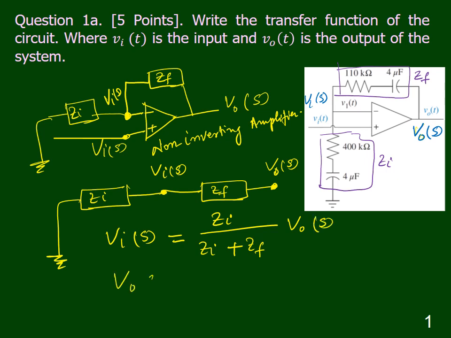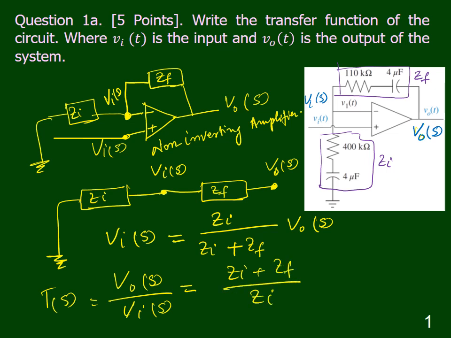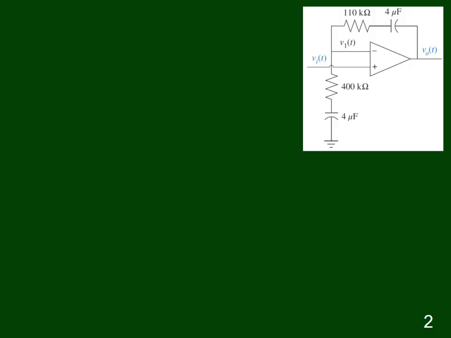This can be rewritten like this: Vo(s) upon Vi(s) is the transfer function of the system T(s), which will be equal to (Zi plus Zf) upon Zi. The remaining job is to find out the values of the input and the feedback impedances.